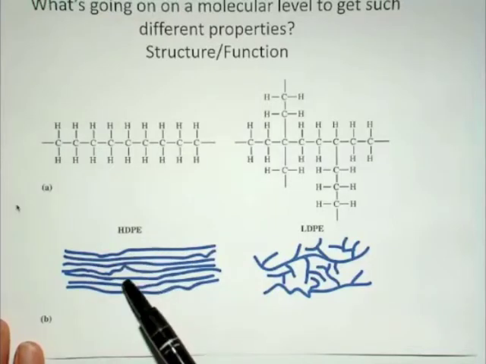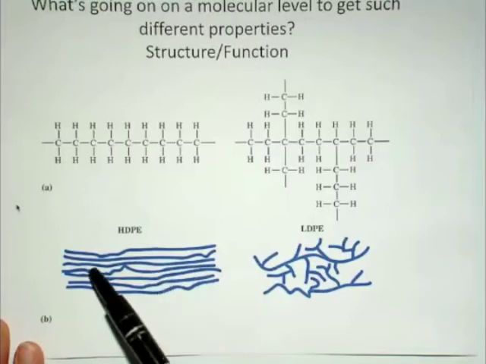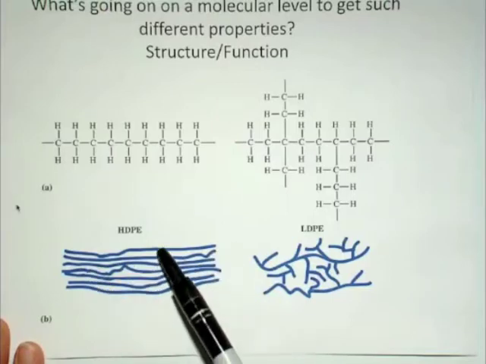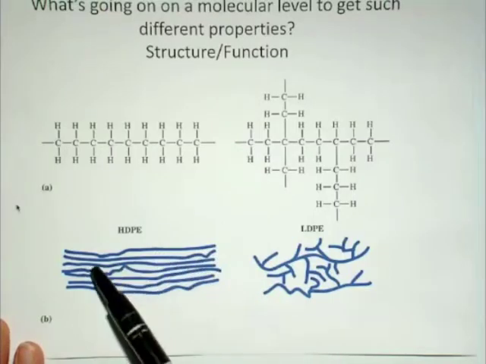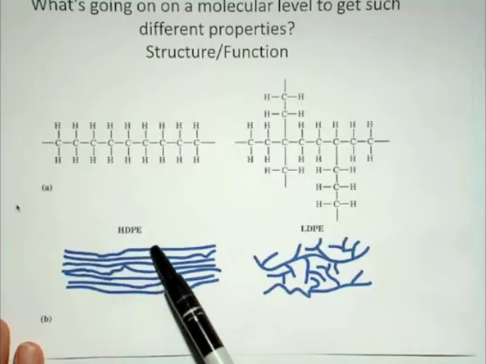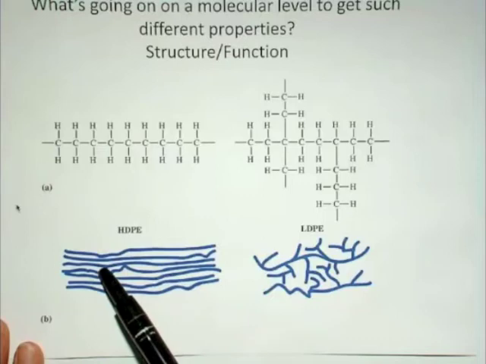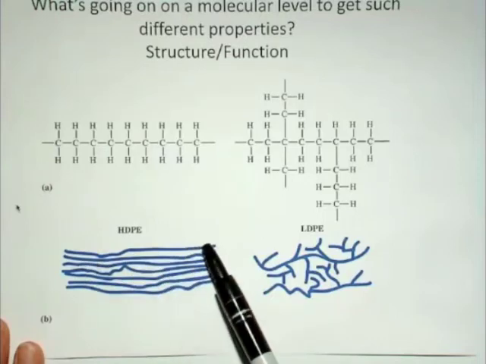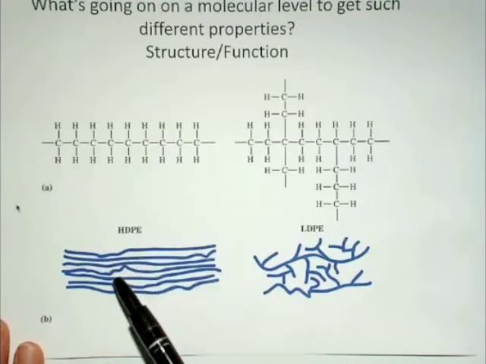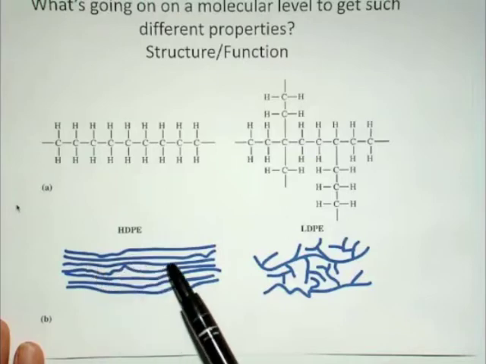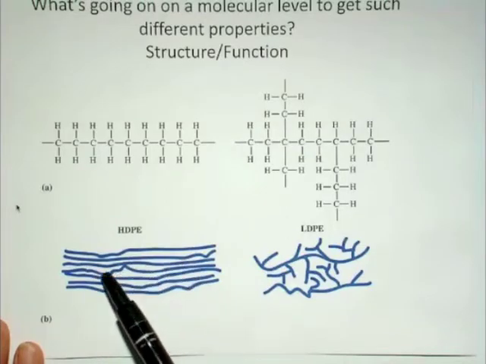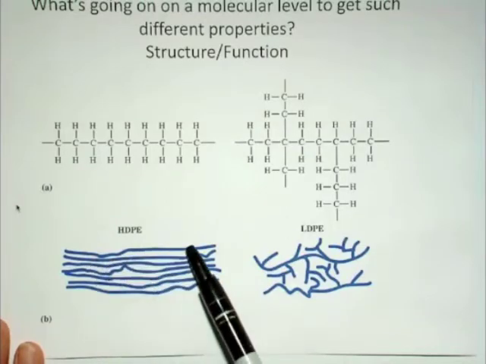Since these high-density polyethylene molecules, which are very large, can pack together very closely, you have a lot of opportunity for dispersion forces, and they become very strong. So the polymers, although they're not individually chemically combined, are held together so tight one next to the other because they're huge and they have all these dispersion forces.